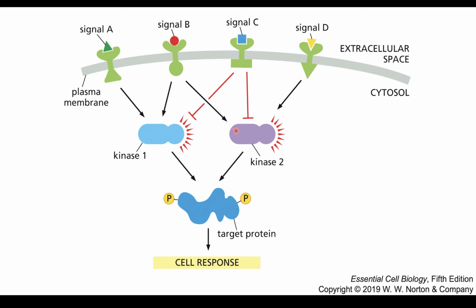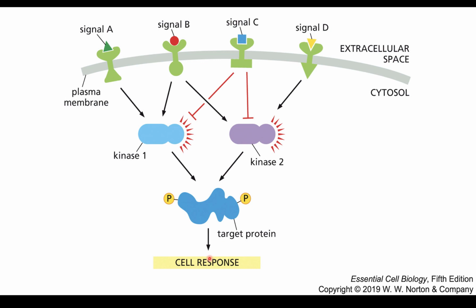So there's a titration effect where how much signal B, how much signal D we have promoting the activity of the kinase, does that overcome signal C? If we turn off signal C, we probably get a stronger response of the cell. We can see that kinase A also has two pathways activating it, and that these all come together in one target protein to have a cell response.